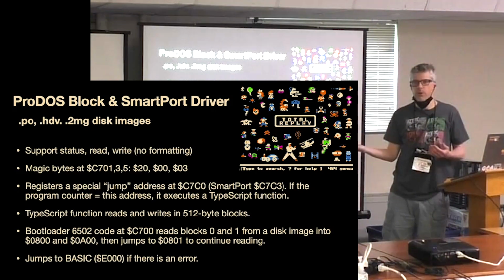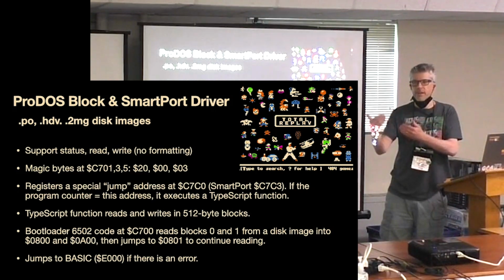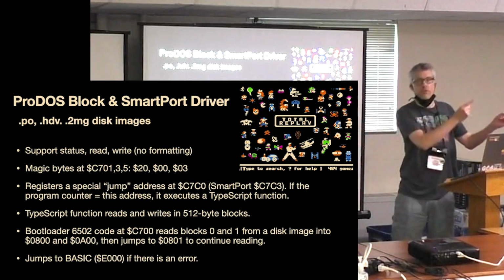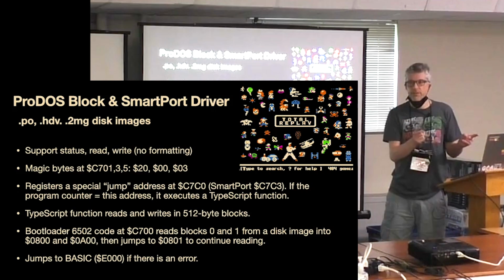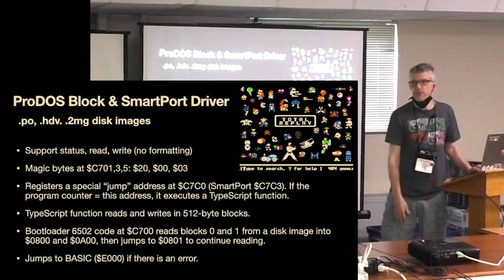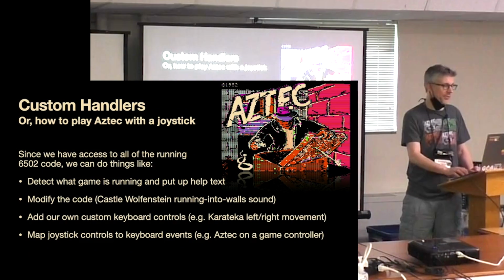The way the Apple works is it always asks for ProDOS blocks in 512-byte blocks, and so you just give it 512 bytes all at once. So it turns out to be way faster in an emulator than if you were actually on physical media, like a hard drive. Okay. I feel like I'm just talking super fast.